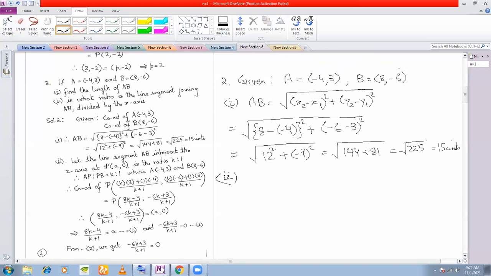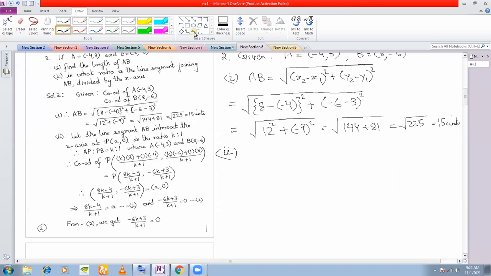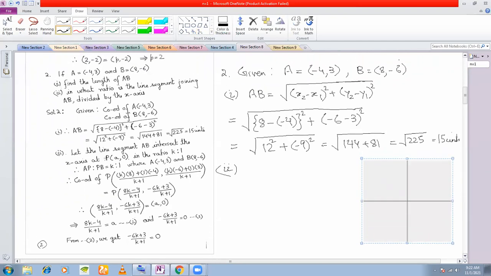is, in what ratio is the line segment joining AB divided by the x-axis? Okay, now just as the previous one, let us draw a rough figure to understand how it will look like. So you have the origin, okay, A is the point (minus 4, 3).